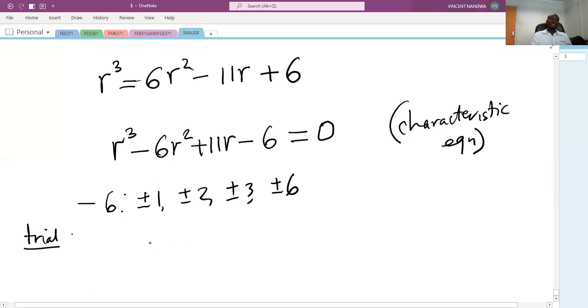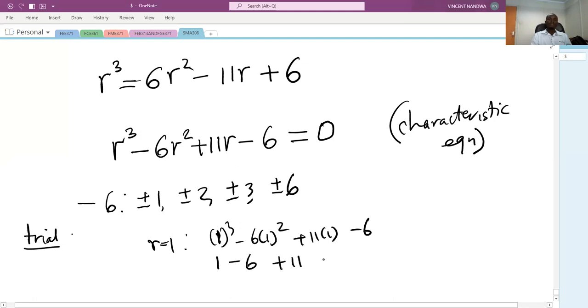So for example, if we let r be 1, then we'll have 1 cubed minus 6 times 1 squared plus 11 times 1 minus 6. This will be 1 minus 6 plus 11 minus 6. 1 plus 11 is 12, minus 12 is 0. So we are lucky. r equals 1 is a root.